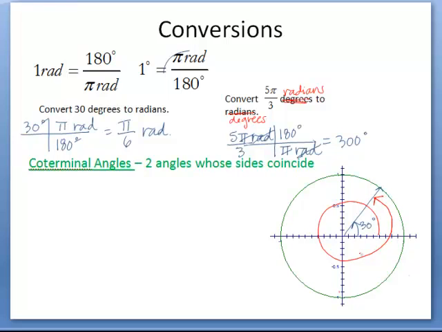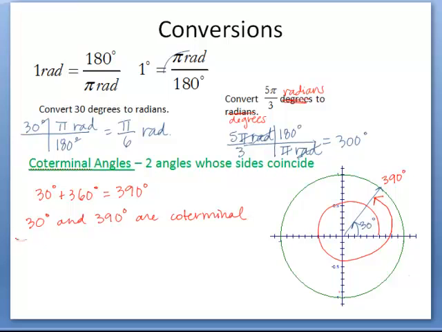Do you see that 30 degrees plus 360 degrees is going to land us in the exact same place? So it's going to be a 390 degree angle. So a 30 degree angle and a 390 degree angle are coterminal because their sides coincide. That means that they appear to be the exact same angle on the unit circle.